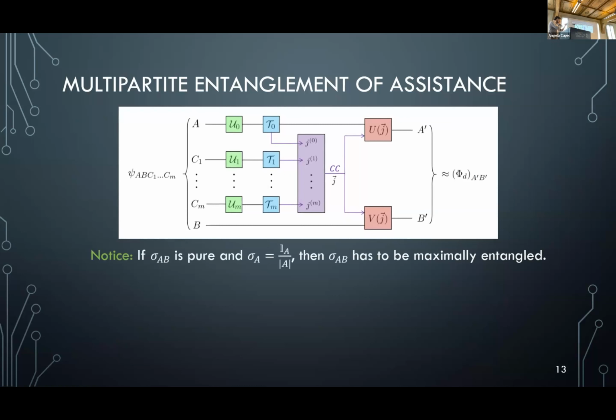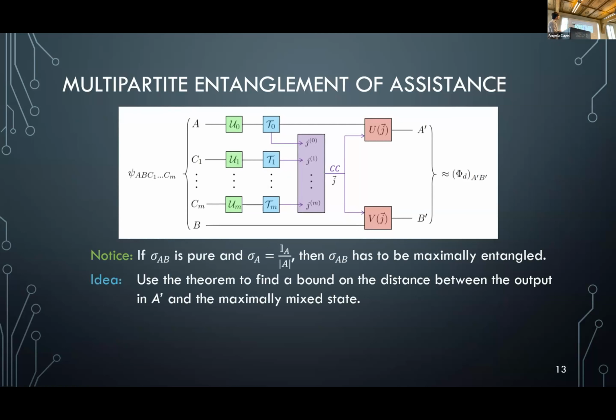The thing is that, by the principles of information theory, if we have a pure state and the marginal of this pure state is maximally mixed, then this initial pure state has to be maximally entangled. This is what we use, because notice that if we find in this part here a maximally mixed state, we will be proving that the whole thing, as it is maintaining the purity, is maximally entangled. So that's the idea here.